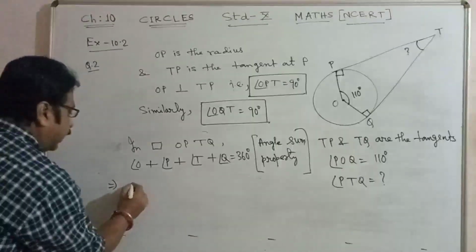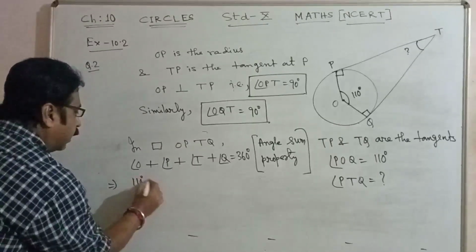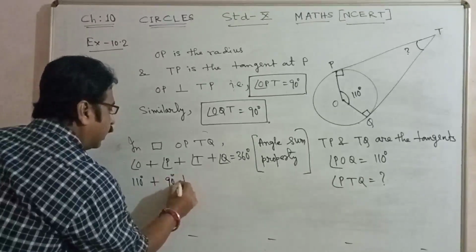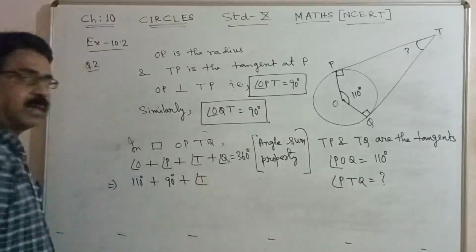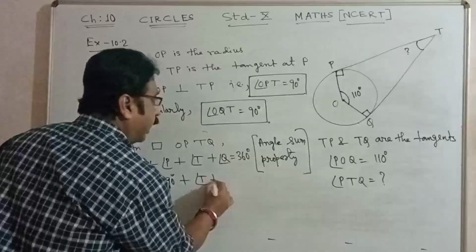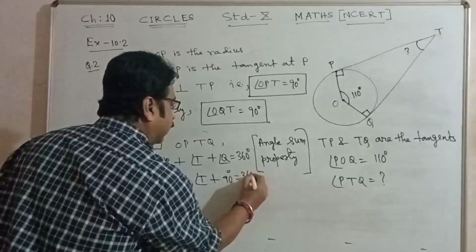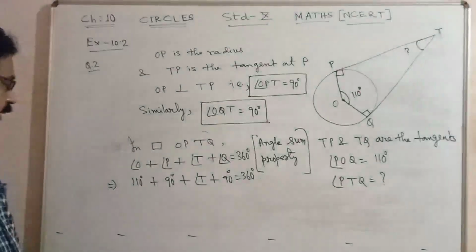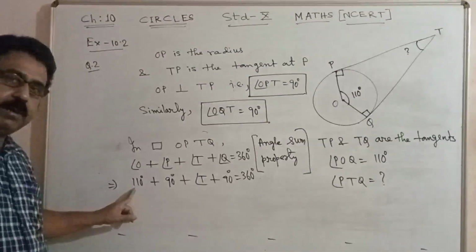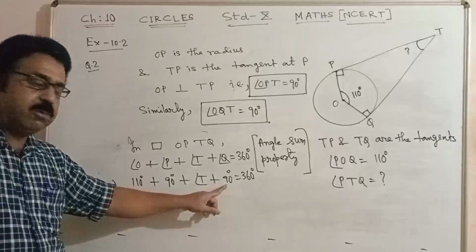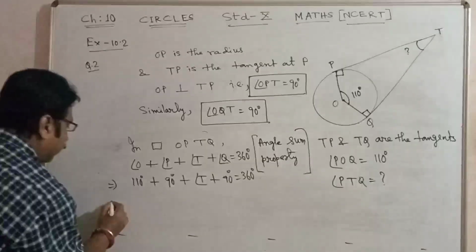Angle O is 110 degree. Angle P is 90 degree. Angle T is unknown. Angle Q is 90 degree. The sum equals 360 degree. Now 110 degree plus 90 degree means 200 degree, plus 90 degree means 290 degree.